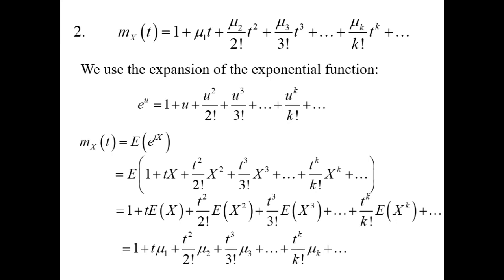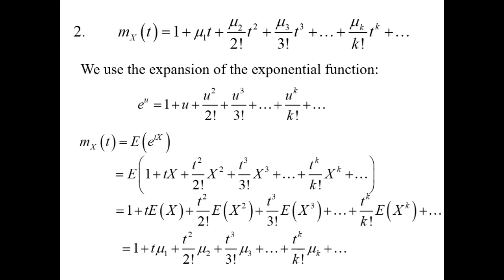Using the above expansion, substituting u with tX, we get the expectation of 1 plus tX plus t square by 2 factorial X square plus t cube by 3 factorial X cube plus etc., plus t raised to k by k factorial X raised to k plus etc. Take the expectation inside the bracket: 1, the expectation of 1 being 1 itself, plus t into the expectation of X plus t square by 2 factorial expectation of X square plus t cube by 3 factorial expectation of X cube plus etc., plus t raised to k by k factorial expectation of X raised to k plus etc.